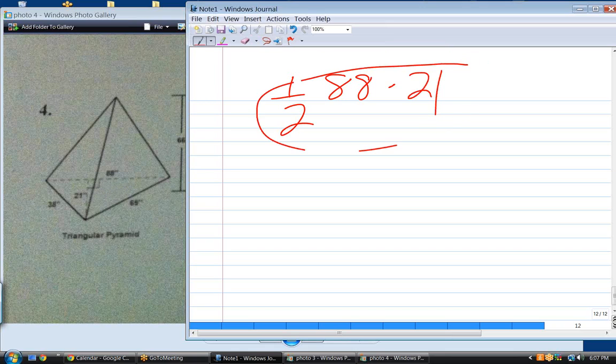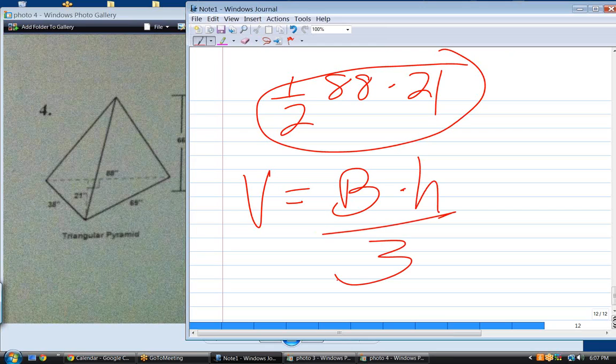So what's 1/2 times 88 times 21? 924. Okay, and remember that's in square inches, because that is the area of that triangle. We're going to take that, multiply it by this vertical height of 66, is that 66? Yeah. And then divide it by 3.